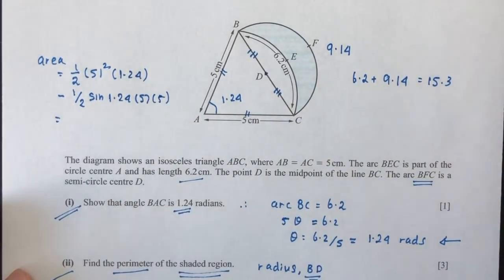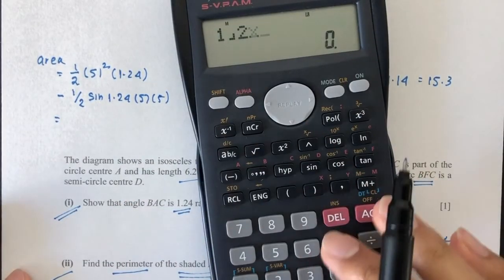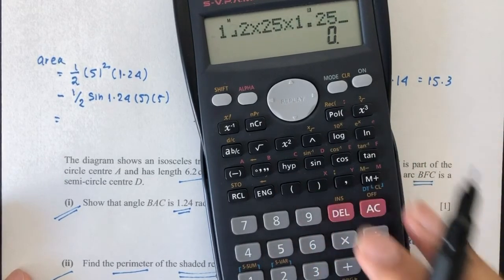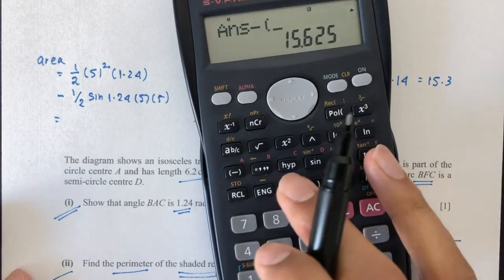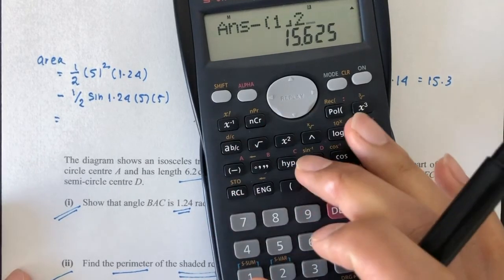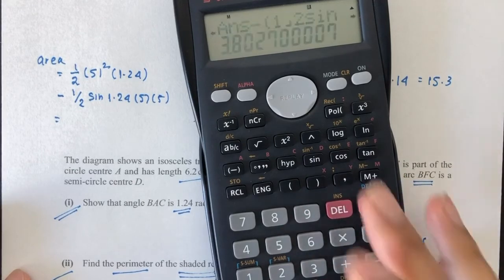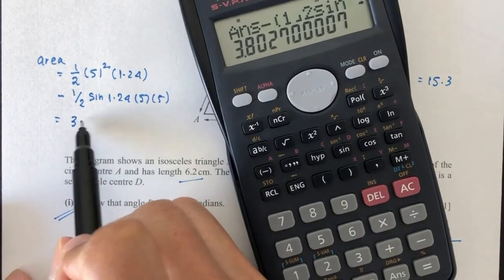So let's find out. Half r squared times 1.24 minus half sine of the angle times 25. That will be 3.80.